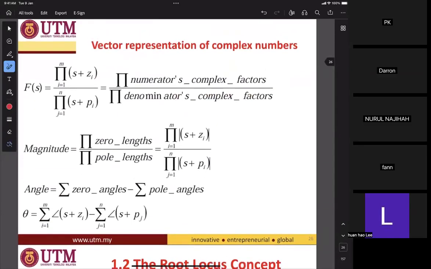So I remind again all the formulas for the magnitude, the transfer function, and the angle criteria: summation of angles of zeros minus summation of angles of poles.